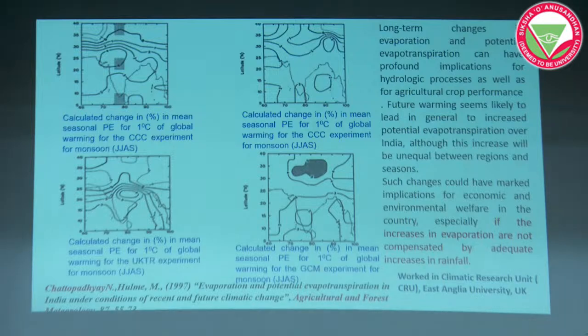So they should compensate each other for the soil moisture. So, in my study when I was in London, I worked with the crew, and we have taken 7 kinds of models where we have shown that in future the evaporation and potential evaporation will increase. But in the post monsoon, in the south region, which already has a problem with water, more problem will be there.